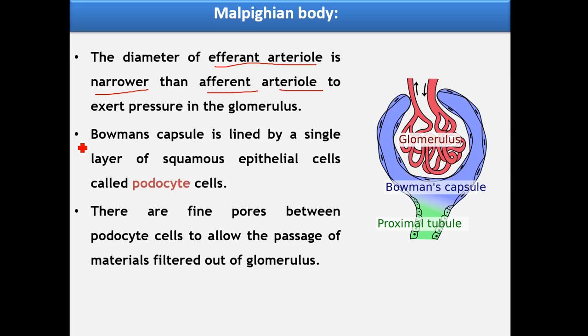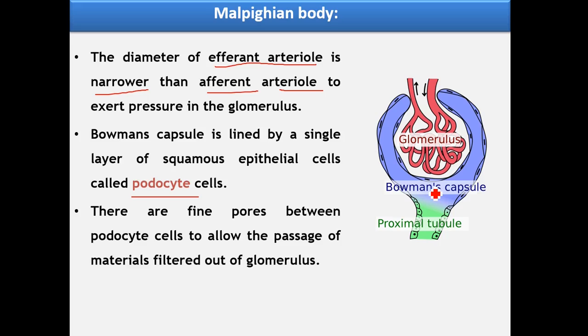This exerts pressure in the glomerulus, so the filtration takes place in the glomerulus. And the Bowman's capsule is lined by a single layer of squamous epithelial cells called podocyte cells.